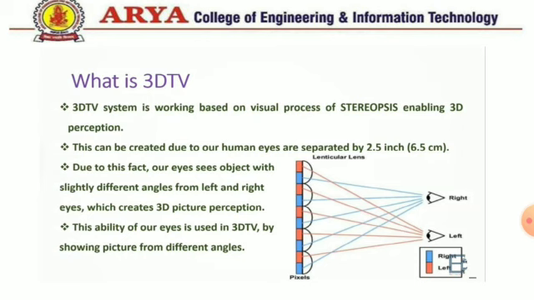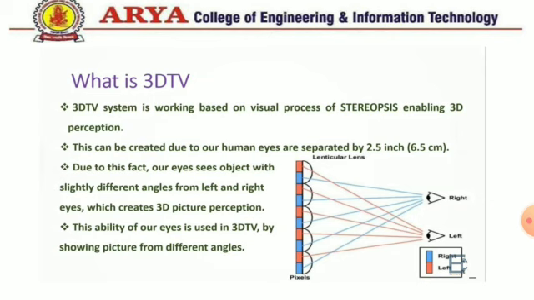Like, one can observe over here our eyes in the picture, and the right and left eyes are shown. If you observe these pixels, then these pixels are observed at a bit different angles.